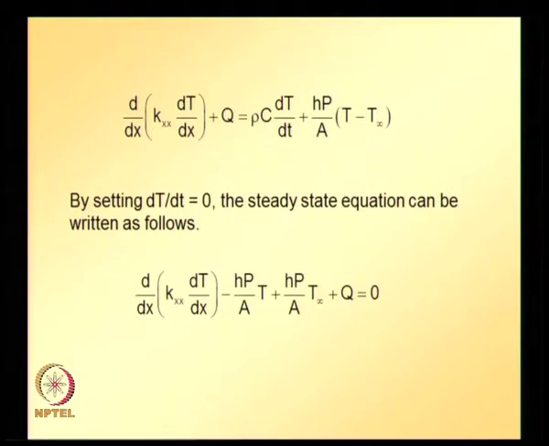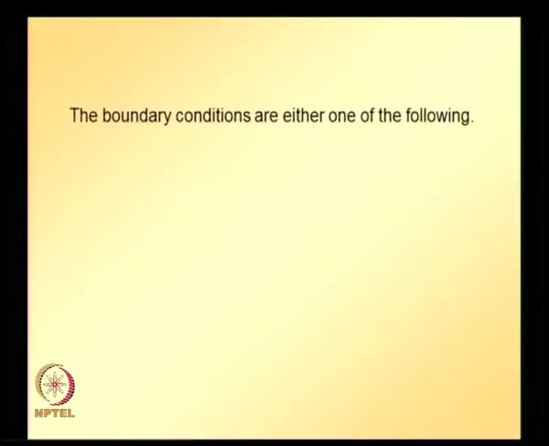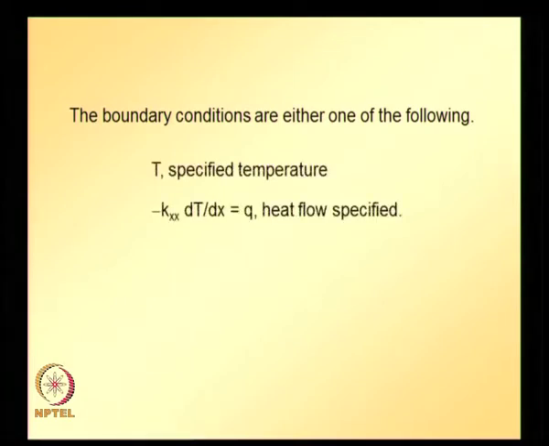So now let us look at what the boundary conditions are. Boundary conditions can be one of the following: either temperature specified or heat flow specified. First one is the essential boundary condition, second one is the natural boundary condition.